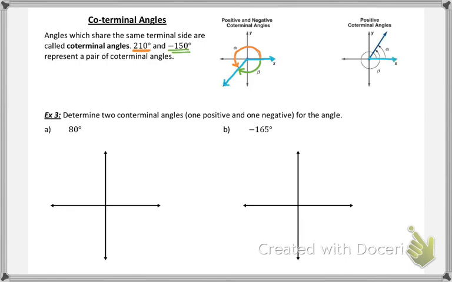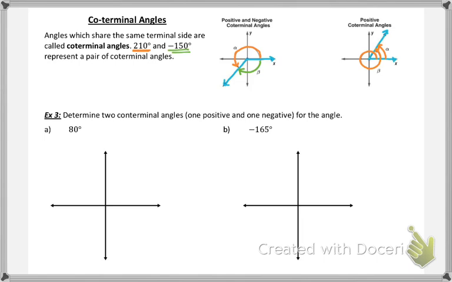and here is my terminal side. This angle can be formed by rotating counterclockwise to form angle alpha. That would be the measure of that angle, alpha. But I could do the same thing. If I open it up to the degree of alpha, but from there I spin one full circle around, I'm going to end up at the same spot.